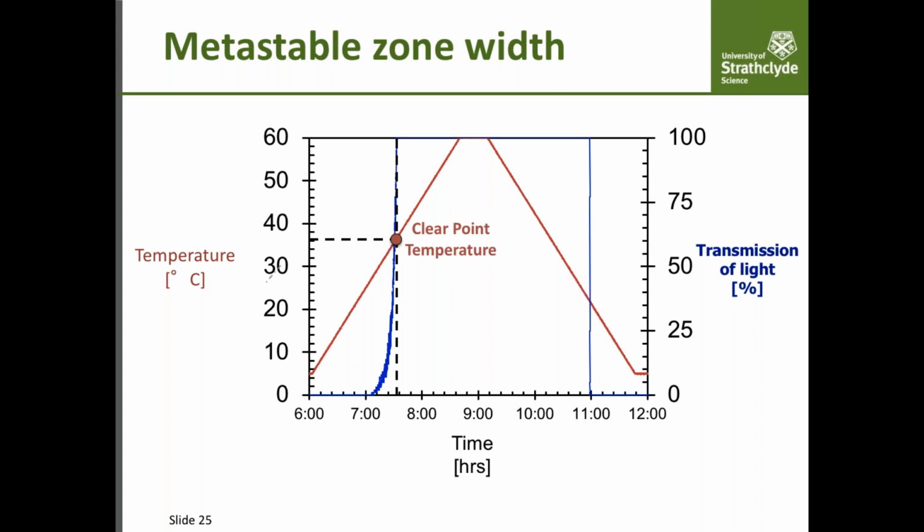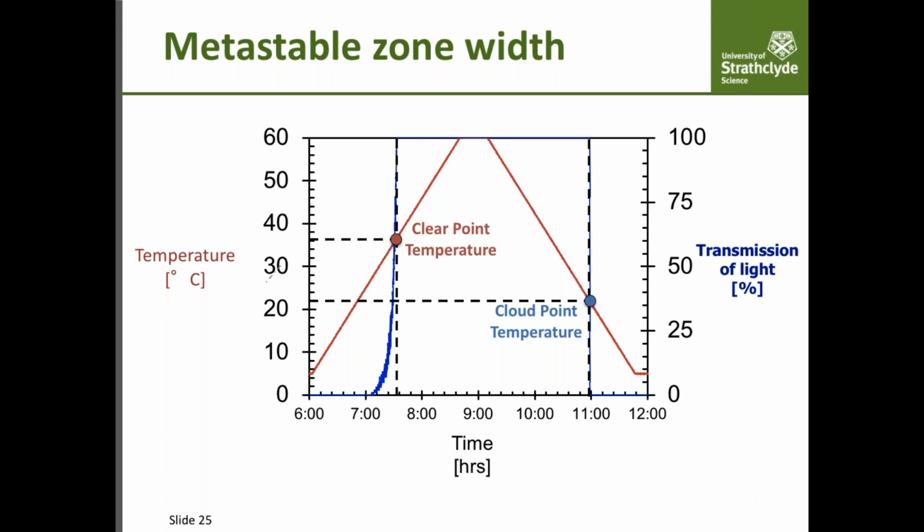And this clear point temperature is about 36 degrees. So then we have a clear solution which we can cool down again, and then around 11 hours within the measurement we measure a cloud point, and the cloud point temperature is in this case around 22 degrees.